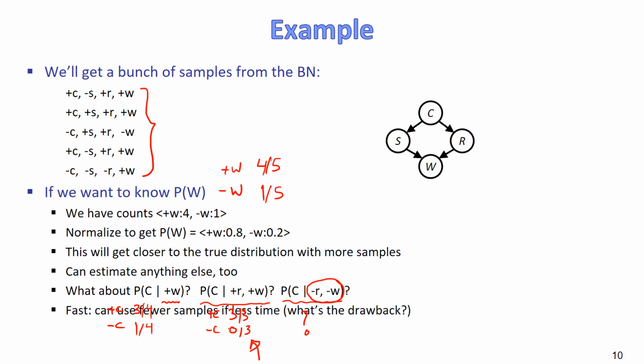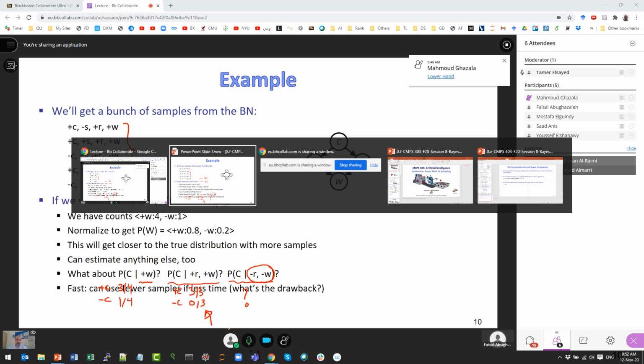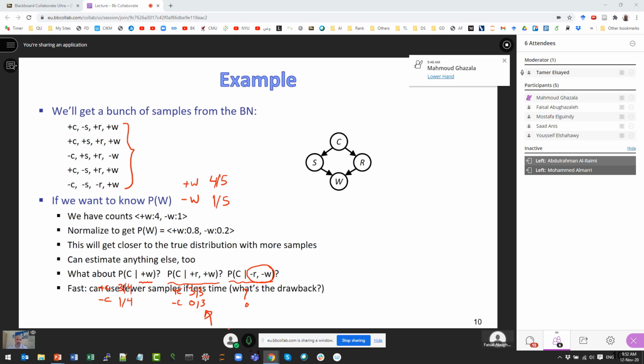We can draw as many samples as our time budget allows, and then we do the inference. If we have more time, we can draw more samples and get closer to the exact values. Any questions? No questions? Everything is clear?